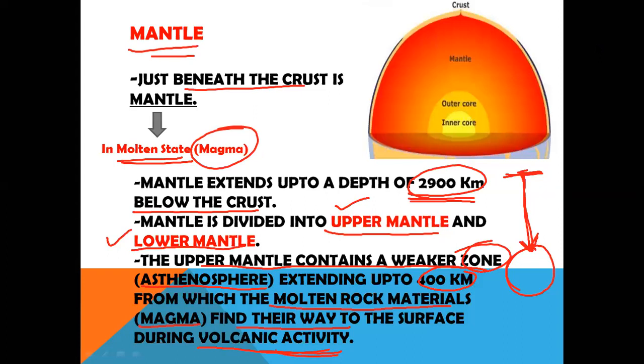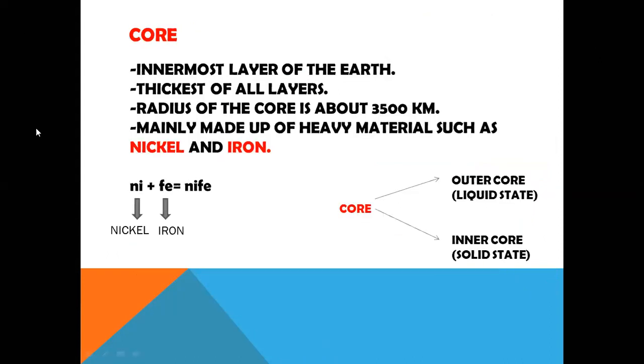Next comes the innermost layer of the earth, that is core. This layer is the thickest of all layers. The core is further subdivided into outer core and inner core. The outer core is in liquid state, whereas the inner core is solid and its mass is very dense. It has very high temperature and pressure.